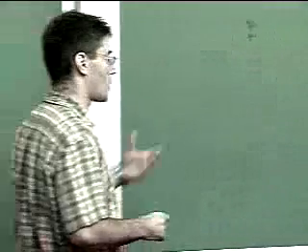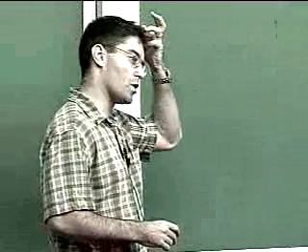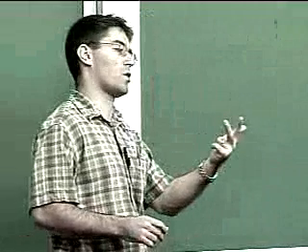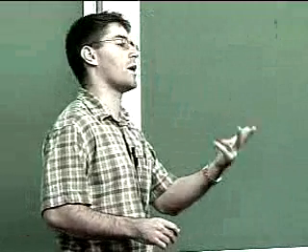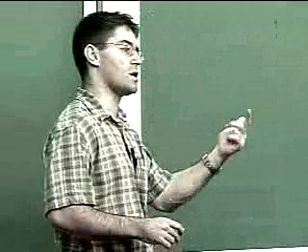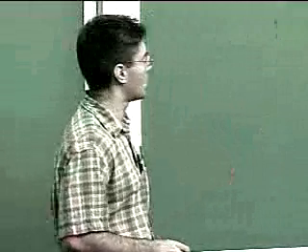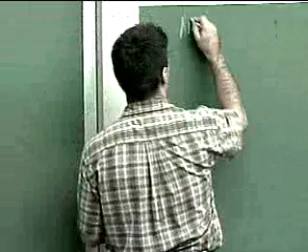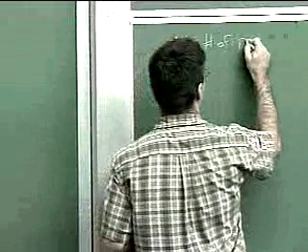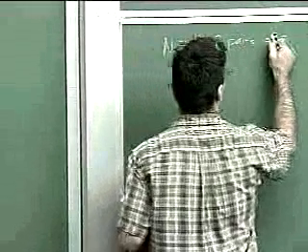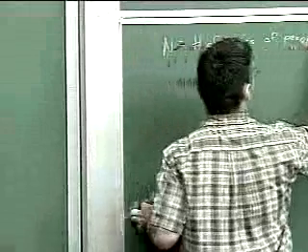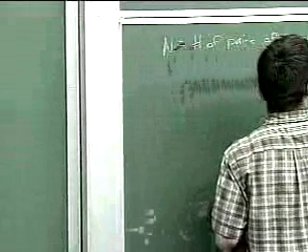So we want to count the number of pairs of people with the same birthday. And so if 3 people have the same birthday, that counts for 3 pairs, right? AB, AC, BC. Okay? So you let N equal the number of pairs of people with the same birthday.